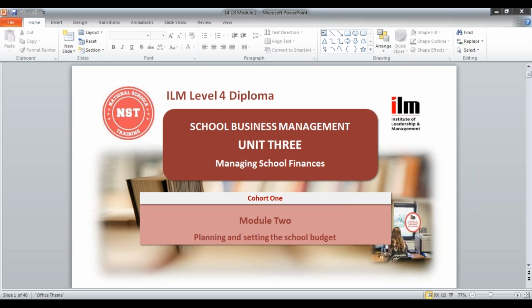So having collated all of the figures and estimated as accurately as possible, I then need to seek approval from the Board of Trustees. I initially present the budget to the Finance Committee members who work through each of the budget lines, questioning my assumptions and challenging my reasons for suggesting some of the figures. And after some detailed discussion, we usually reach the stage when the budget is ready to be presented to the full board for approval.